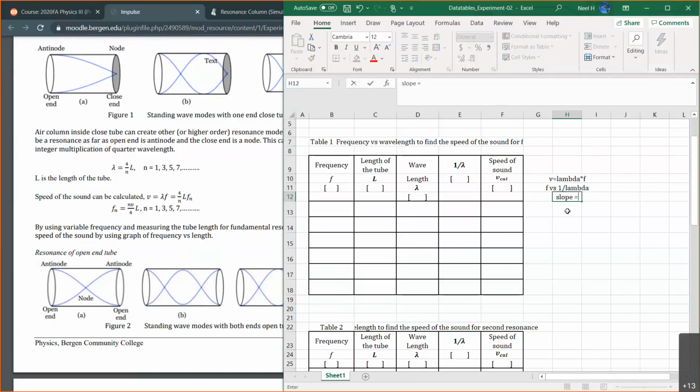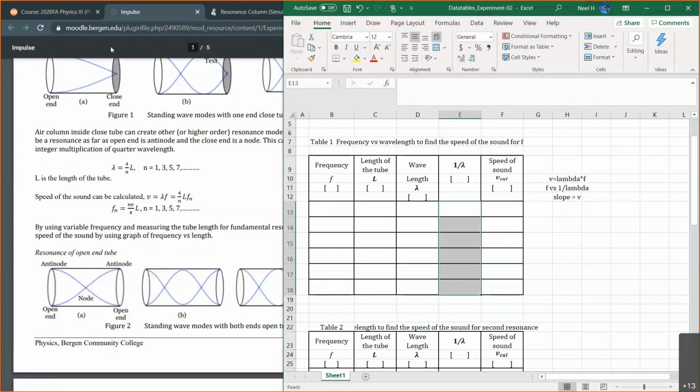The slope of the graph is going to be the speed of sound. So that's why there's a separate column telling you to make that column. That is easy when you do the graph. Then I can make a graph of f versus 1 over lambda, these two columns, and then I can get the slope. That slope should be equal to the speed of sound.